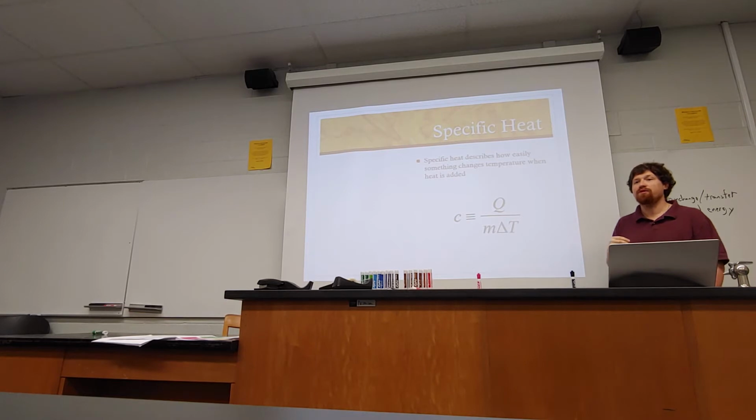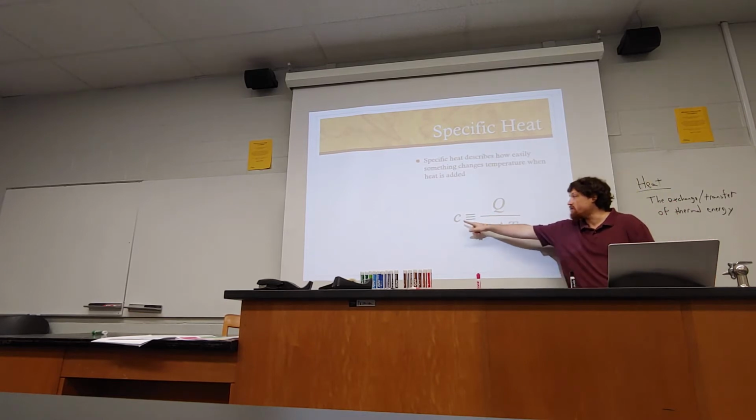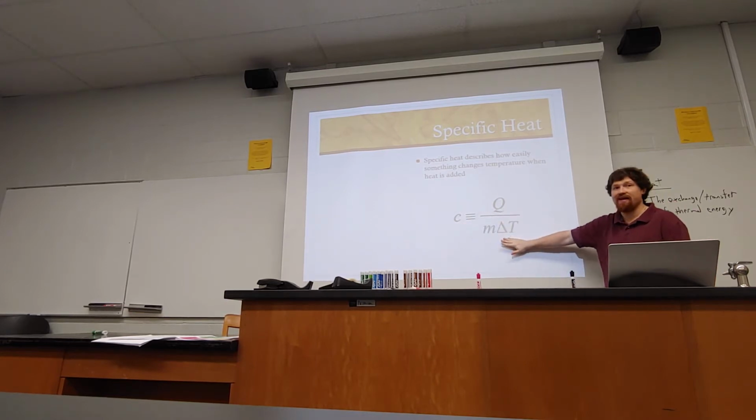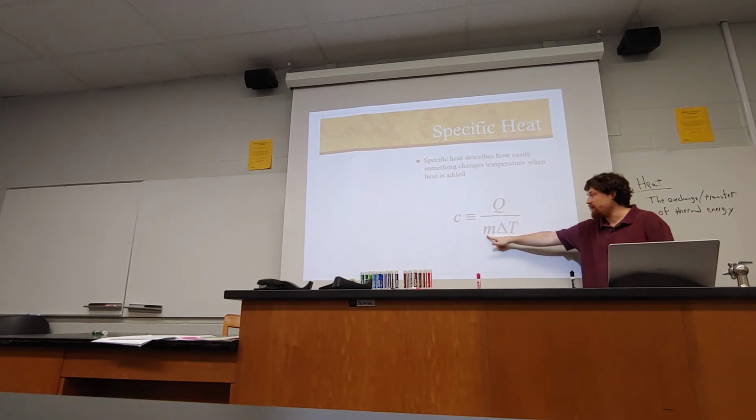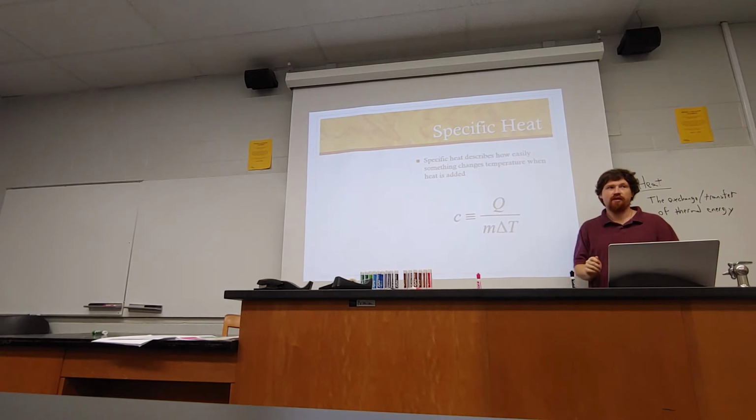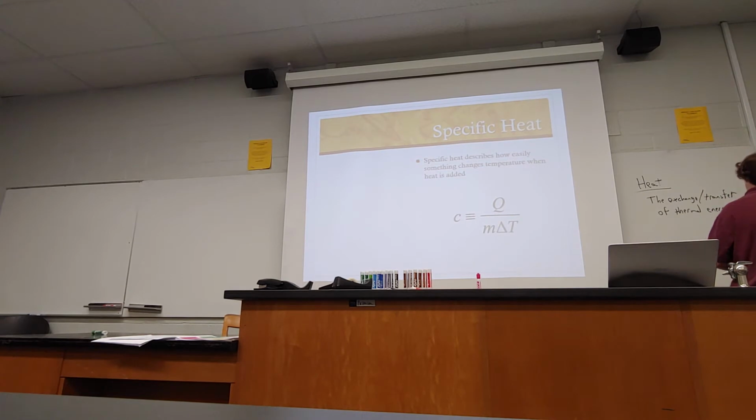It's not that it happens to be the same, it is literally defined as this. So C is defined as the change in thermal energy of the object divided by its mass and its change in temperature. As a result, the units that we like to use for C, what is the unit for energy that we like to use in physics?